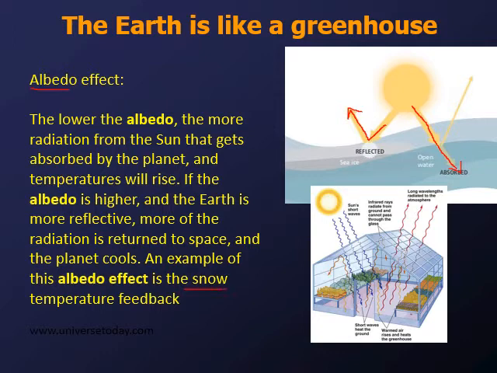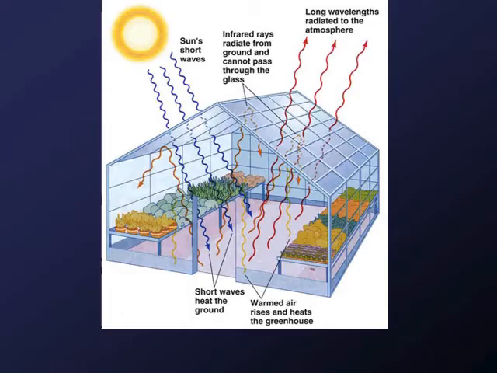Snow reflects sunlight, so it keeps the climate cooler for longer. If you're looking at a greenhouse, shorter wavelengths of sunlight pass right through the glass, hit any surface in the greenhouse, the floor, the plants, tables, they warm them, and that warmth then gives off radiant heat. That radiant heat then re-radiates up and bounces off the inside of the glass and is trapped.